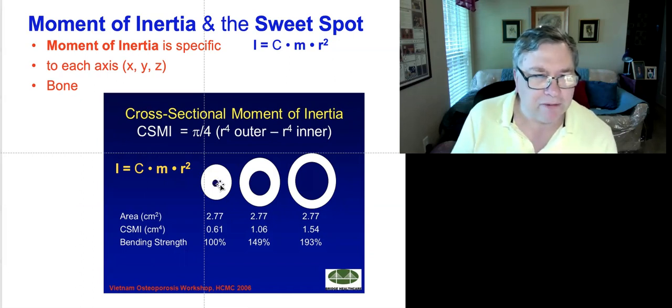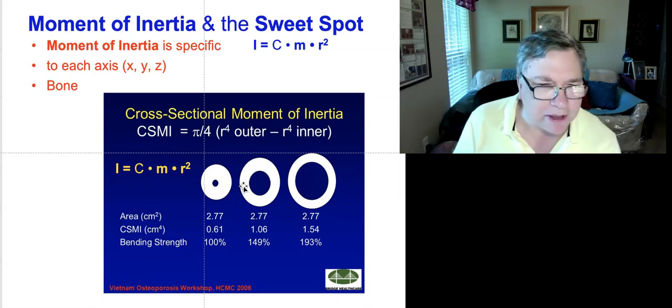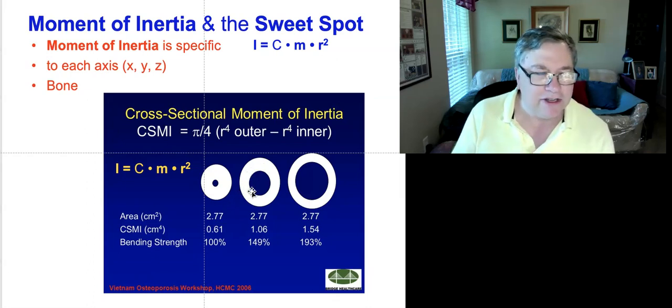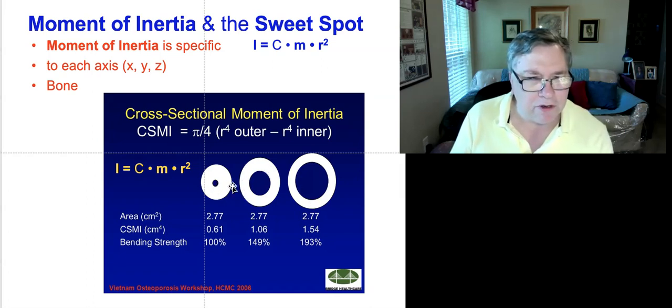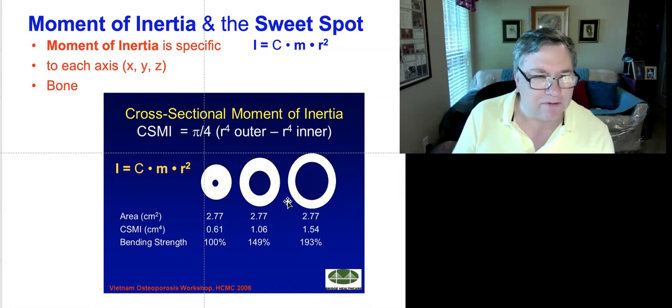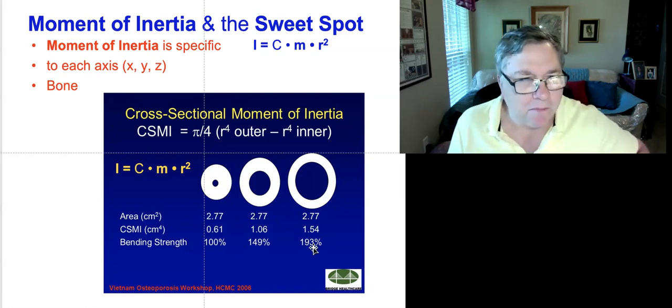But during development, we see an increase in the amount of mass. In this example, I think they don't have an increase in mass. They're just demonstrating that if you have an equal amount of bone, but you distribute bone away from the axis of rotation, that increases the moment of inertia and therefore increases the bending strength.